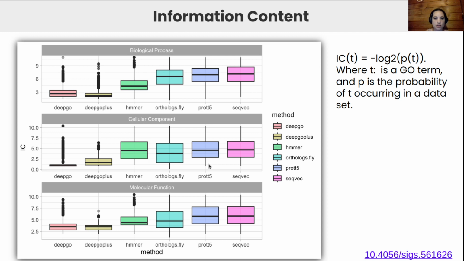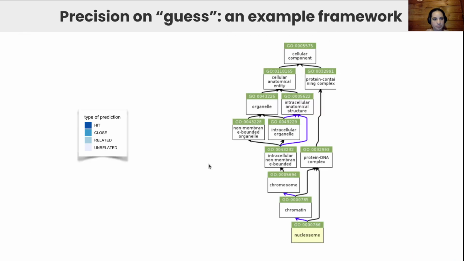So those Go terms that occur less frequently will have a higher information content and are assumed to be more specific. So we can observe that although DeepGo Plus gives us so many predictions, those are not specific, whereas the language models, as well as the predictions obtained by orthologs that are transferred by homology and curated annotations, give us more specific predictions. So a good indicator of specificity for Prot5 and SecVec.